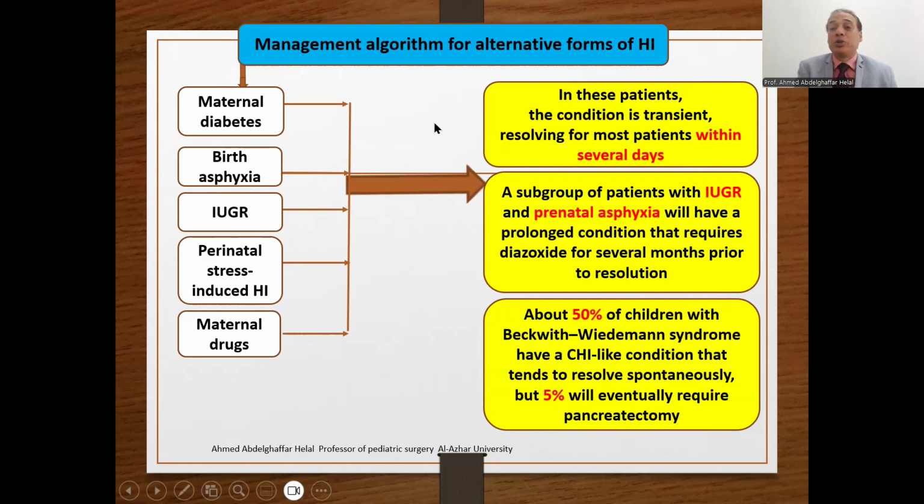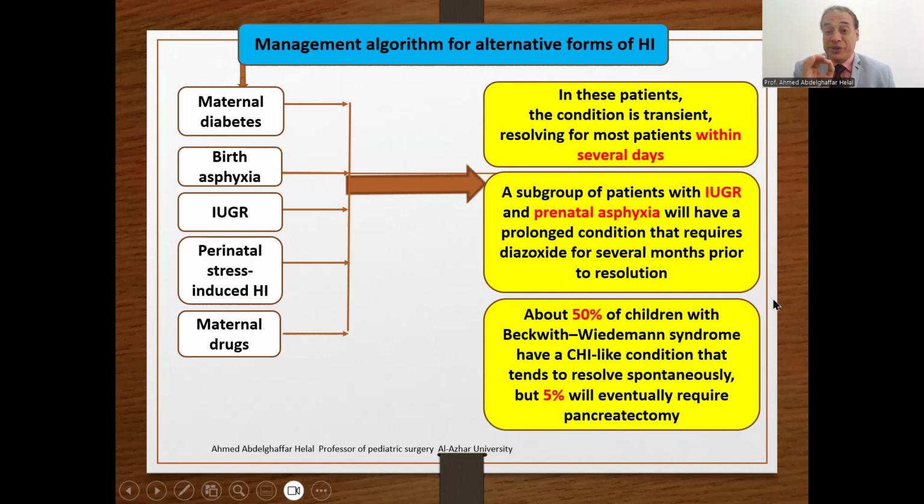In these patients the condition is usually transient, resolving for most patients within several days. A subgroup of patients with intrauterine growth retardation and prenatal asphyxia will have a prolonged condition that requires diazoxide for several months prior to resolution.